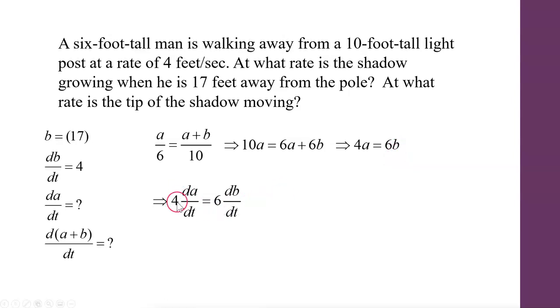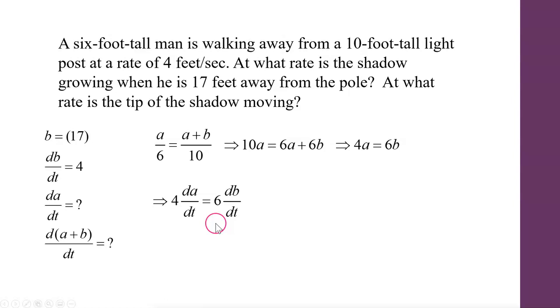So this would be 4 f prime of t, and the other side would be 6 g prime of t, right? So they're different functions of time. Both A and B change. They're dependent on time, and time is our independent variable, right? So this is what I get when I take the derivative implicitly.